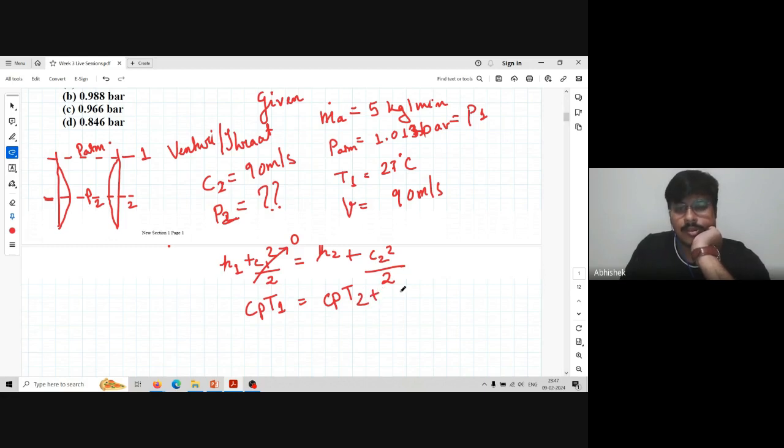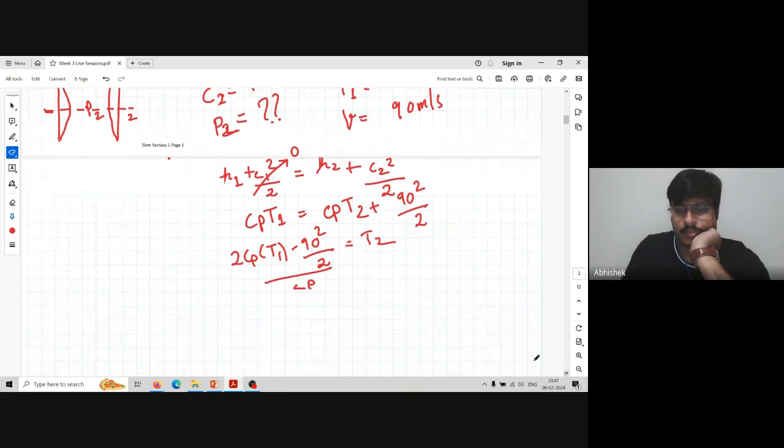C2 is 90, so 90 squared by 2. From here you have to find T2, so T2 equals T1 minus 90 squared by 2 Cp. What is the value of Cp?